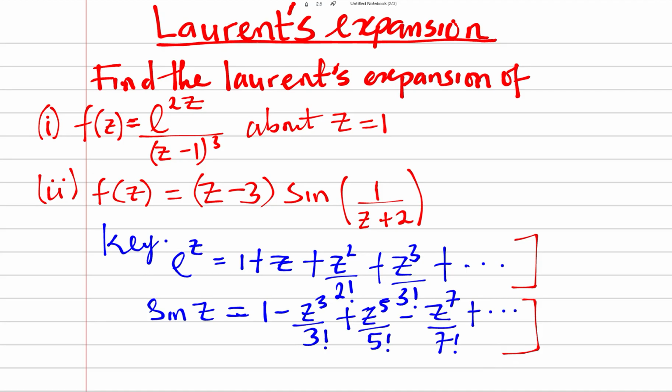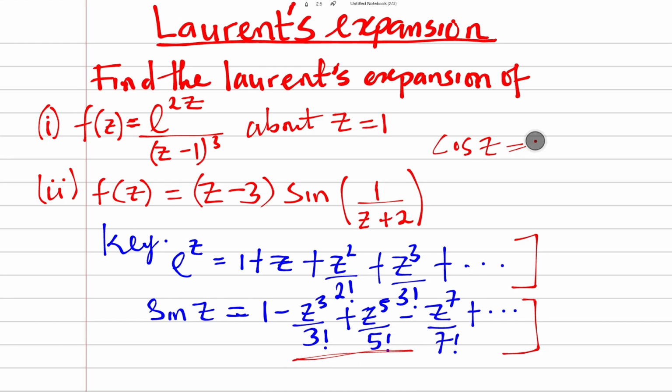The Taylor expansion of cos z, before I go into my solution, is just like this sine, but it is even. Sine is odd, cos is even.